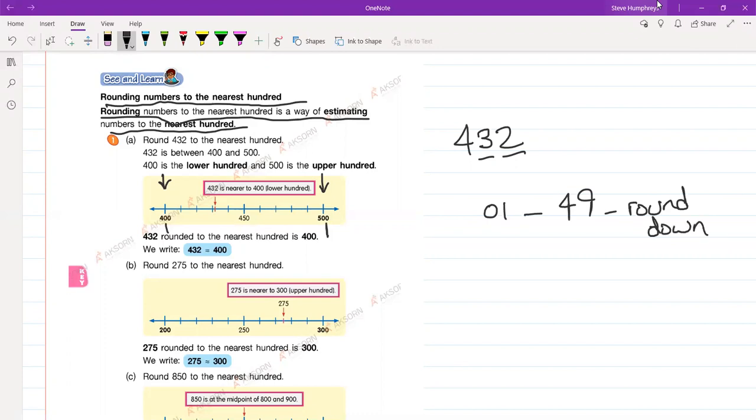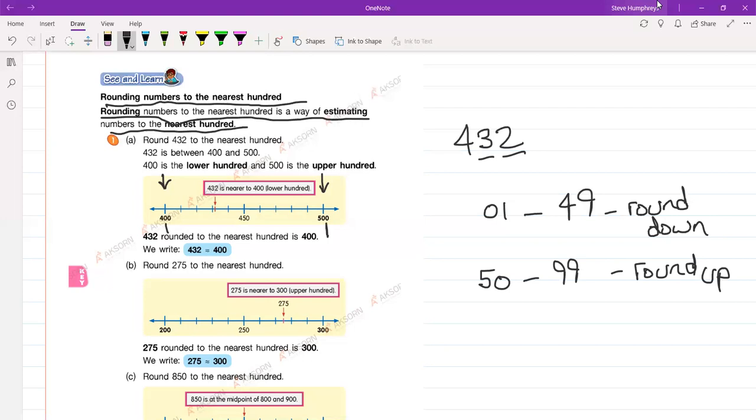If your last 2 digits are between 50 and 99, round up to the next multiple of 100. Okay, we'll have a look at that more closely.